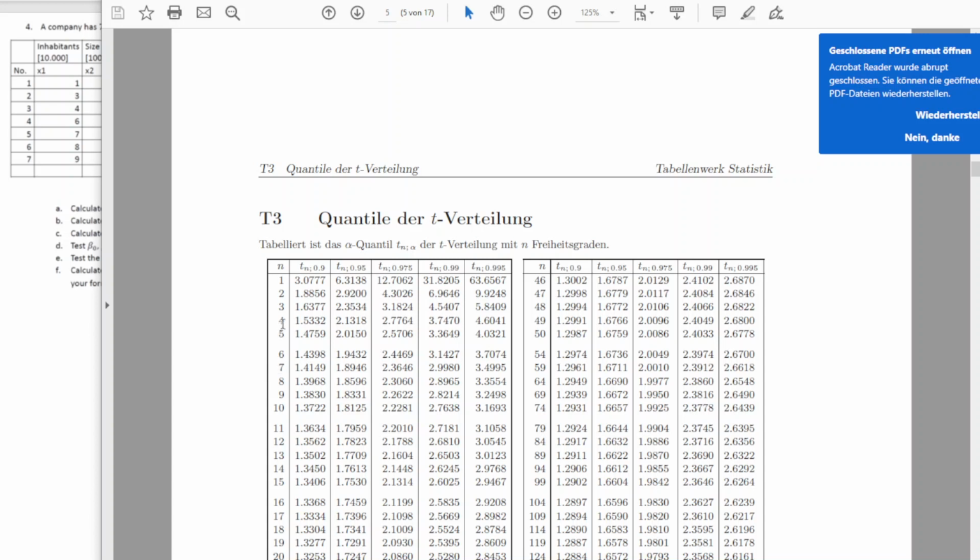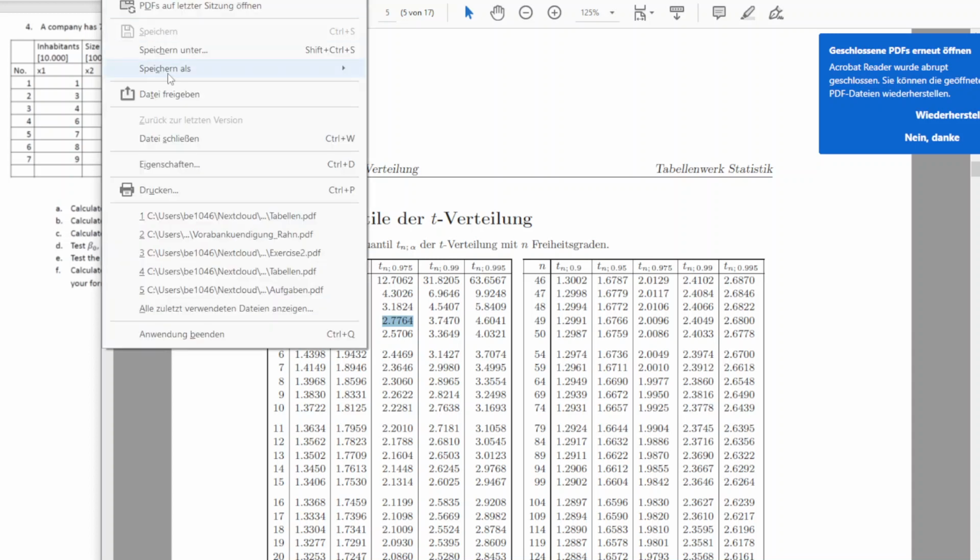So we have to look at 4. And since the critical point is then on the right, 97.5, because the left part is only 97.5, then we have to look at this number here.